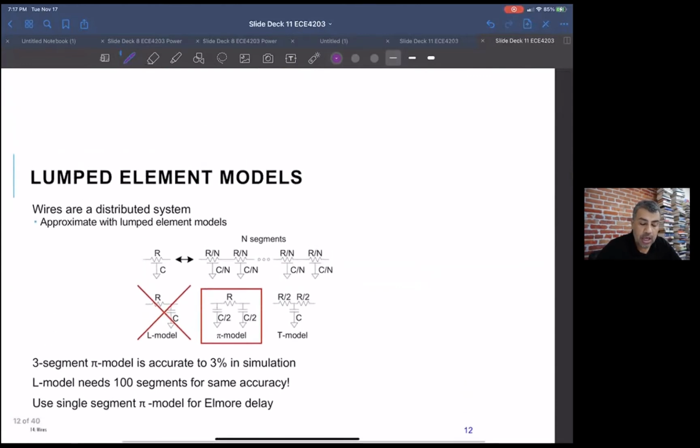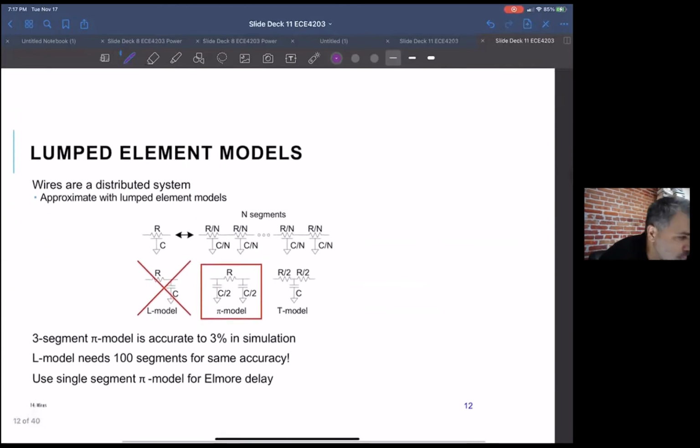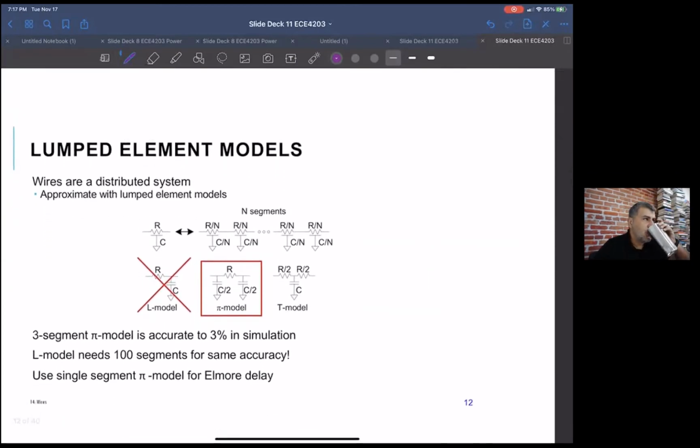So a lot of times, unless you guys have taken radio frequency or microwave design, or I'm sure most of you have taken electromagnetics, when you think about a wire connecting from one end, I put a voltage source here that's changing, and then you have some kind of a termination here.